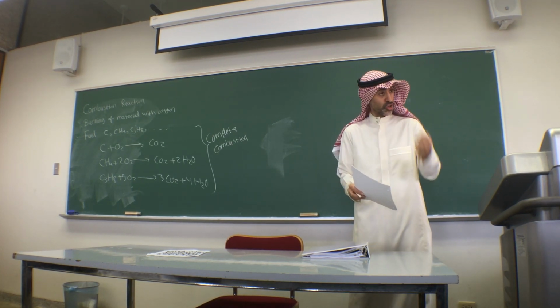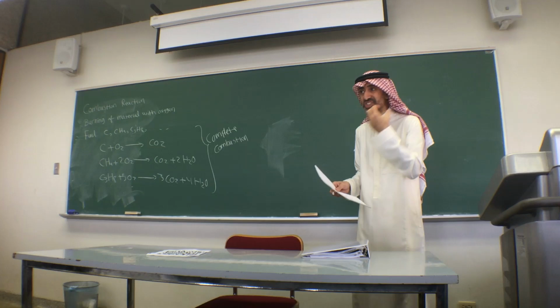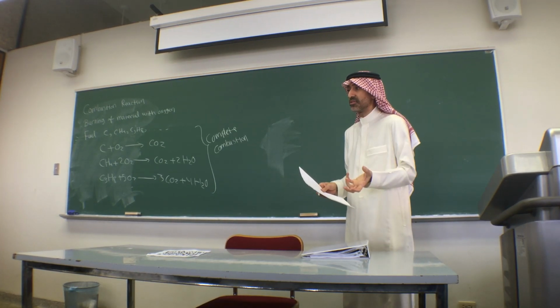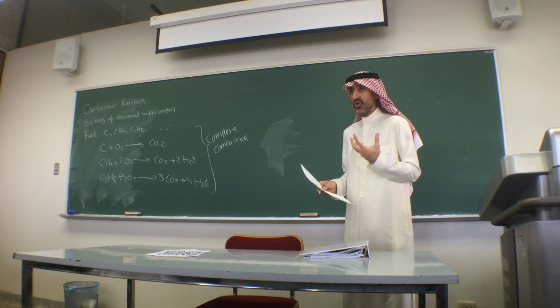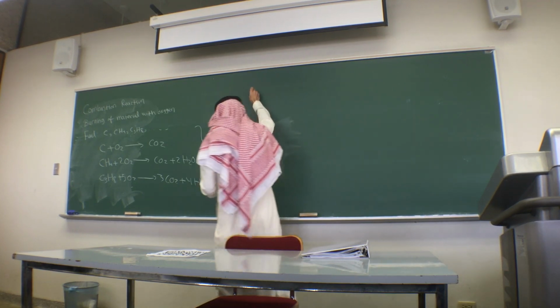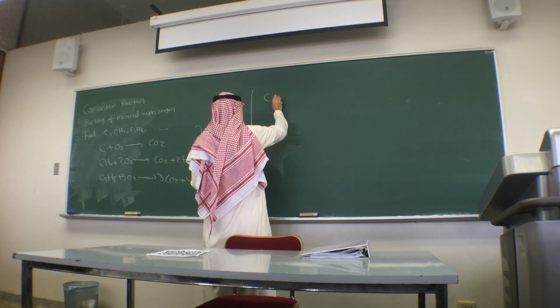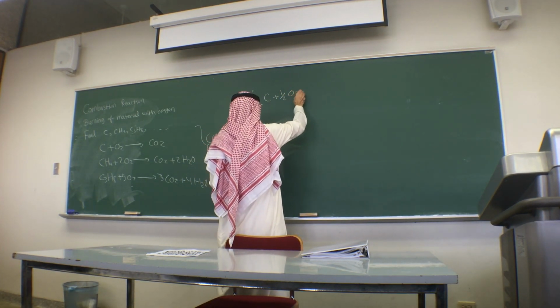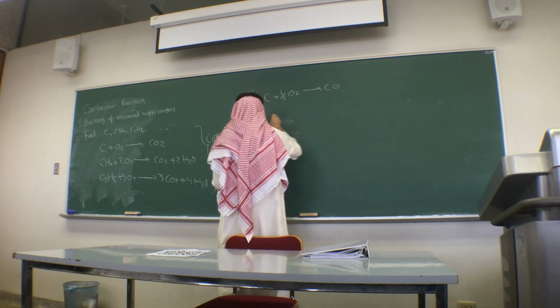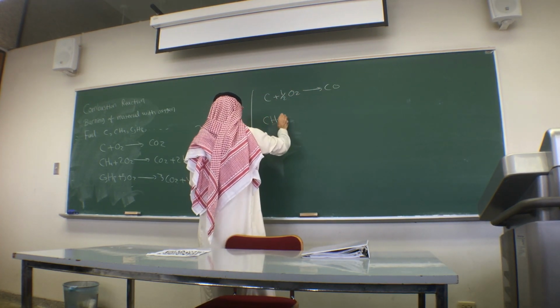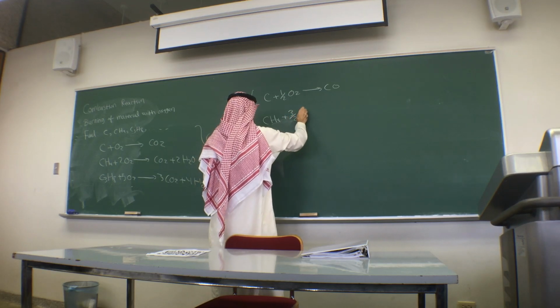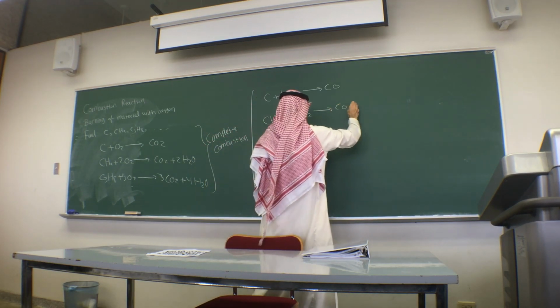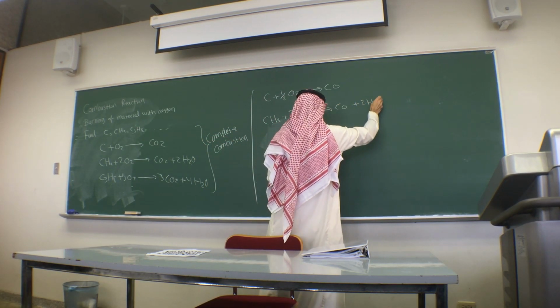But if the engine is not that efficient, you will have CO, the silent killer. So if you have C plus half O2, you will have CO. If you have CH4 plus 3/2 O2, you will have CO plus 2 H2O.